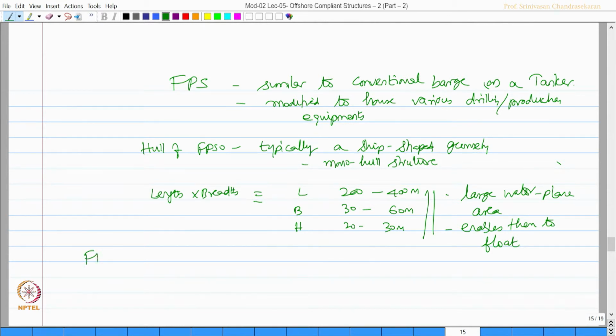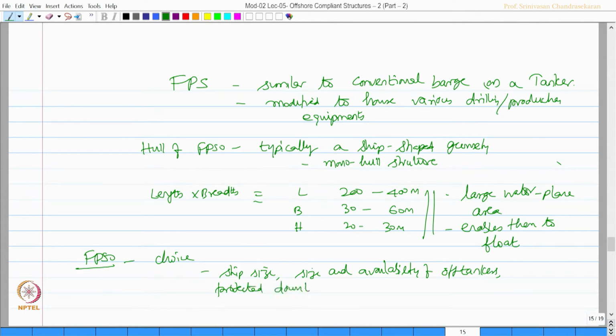So, FPSOs are governed by choice of various parameters. Those parameters could be the ship size, availability of offtake, projected downtime and cargo destination. I mean, these can be some of the factors which can govern what FPSO geometric form you will choose for oil exploration.